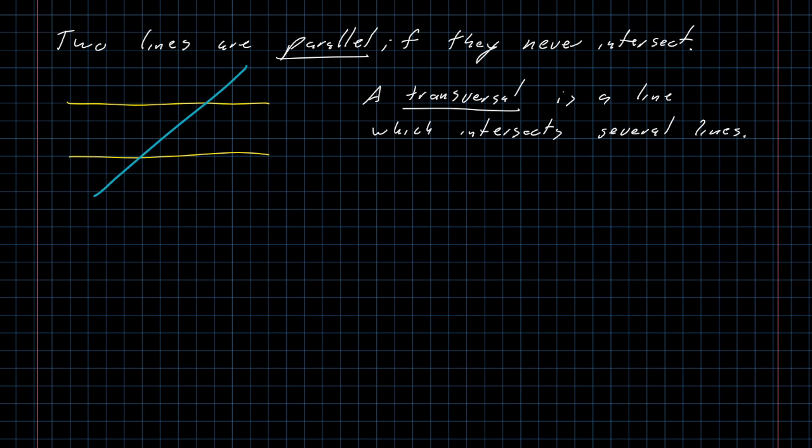There's one. There's another one. I have two lines here. I have intersected the two lines with another line. That other line gets the label of transversal just because it has done that.